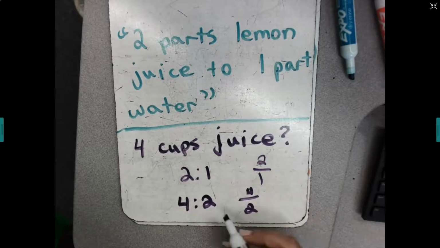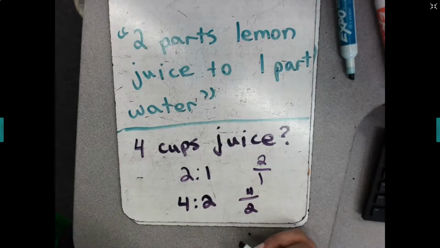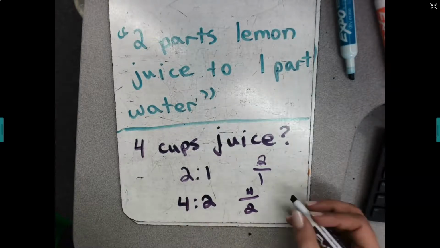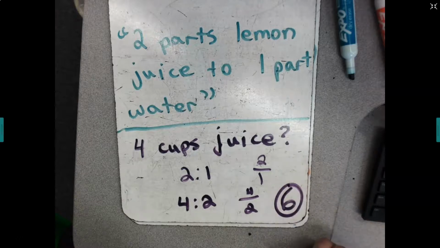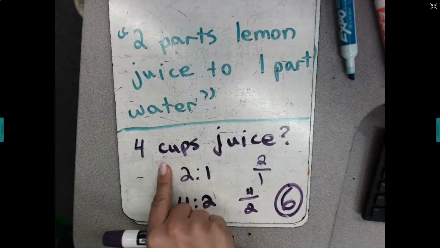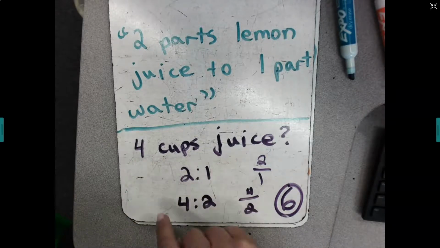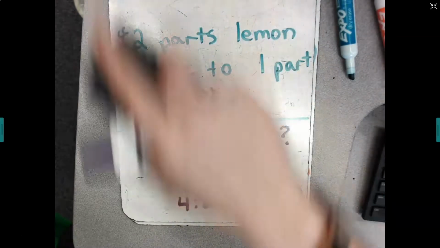So how many total cups of lemonade would that be? It would be 4 plus 2 equals 6 total cups of lemonade for 4 cups of juice. And one more time, that's because if I'm using 4 cups of lemon juice, then I need 2 cups of water to maintain that same recipe.